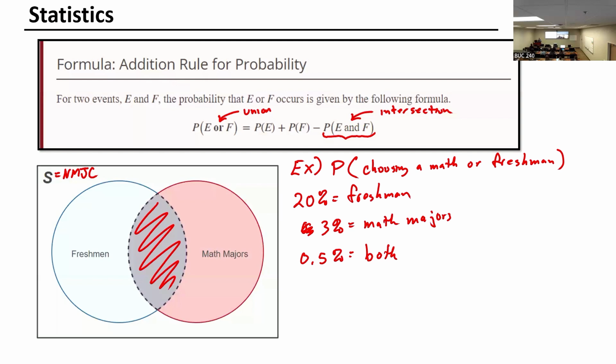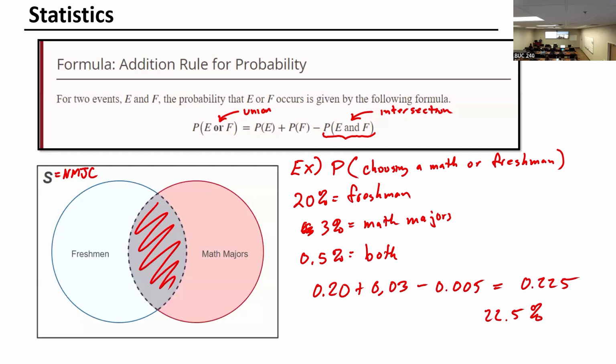So literally the math to this, converting everything over to a decimal, is going to be 0.20 plus 0.03 minus 0.005. That's going to give me 0.225 or 22.5%.